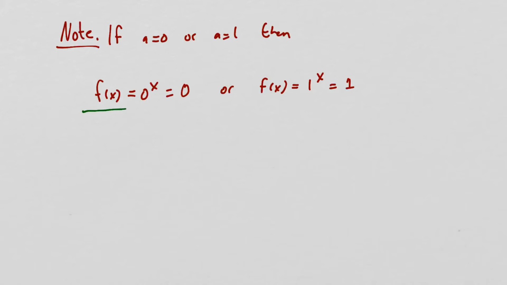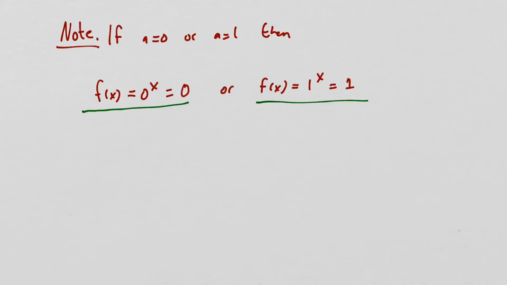In both cases, defining our exponentials using one of these a values defines a constant function. We will not consider these types of constant functions to be exponential functions because they're not going to behave like the rest of the exponential functions.